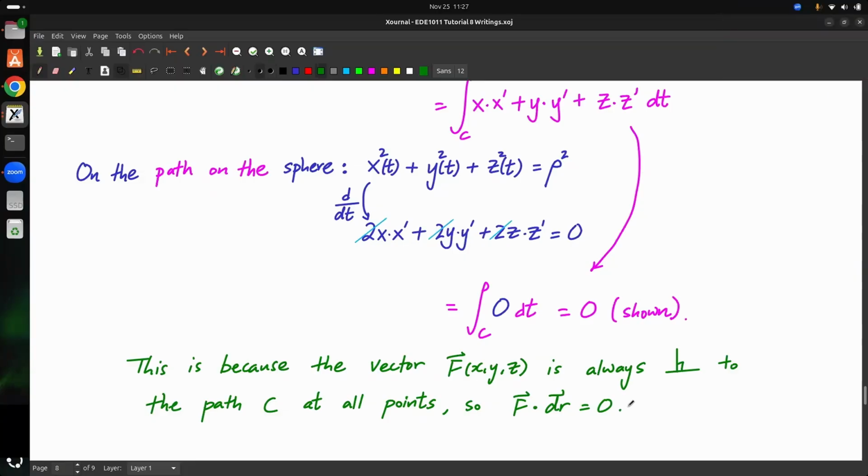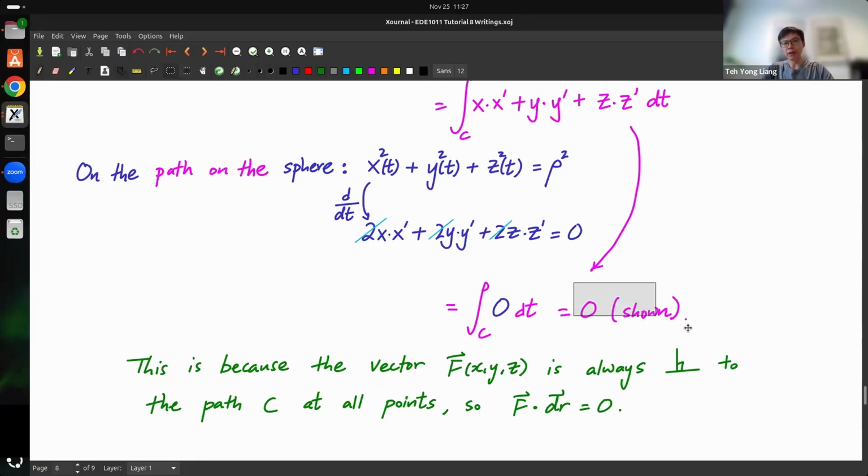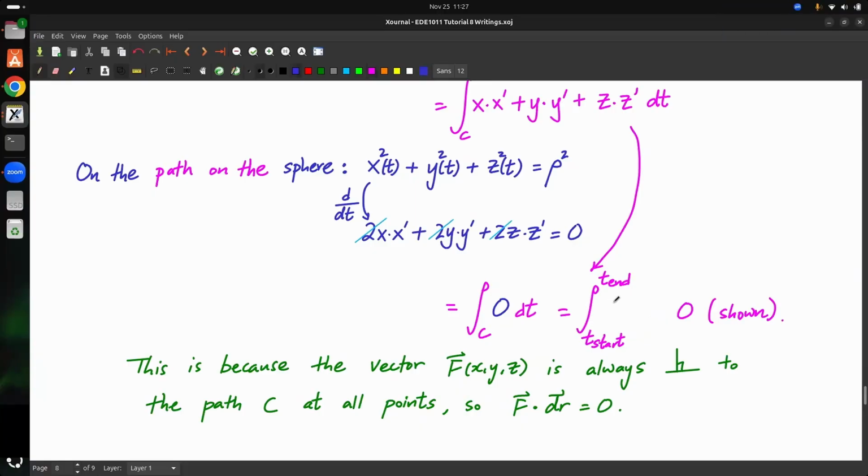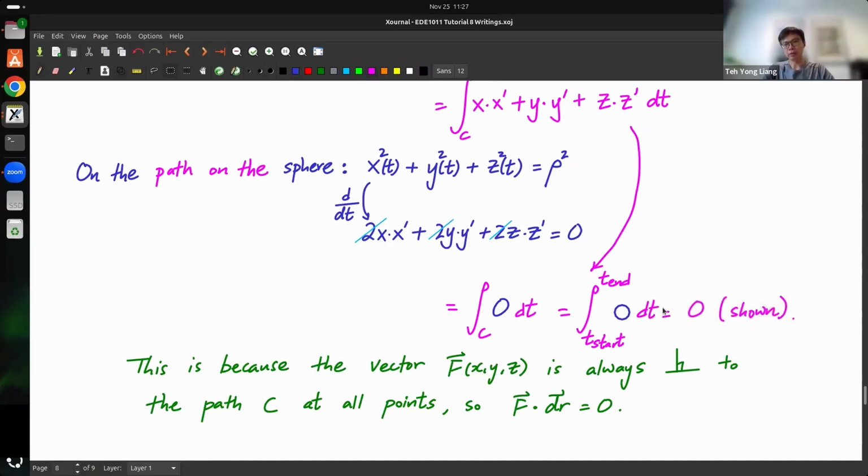Wait, Prof. Yes. When you integrate 0, why is it still 0? Because this is a definite integral. When you integrate over any path C, a path C would have a start point and an end point. So that means you are integrating from t start to t end, like 1 to 2, 0 to 3, whatever. So you are integrating a definite integral, 0 dt, and this will always be 0.